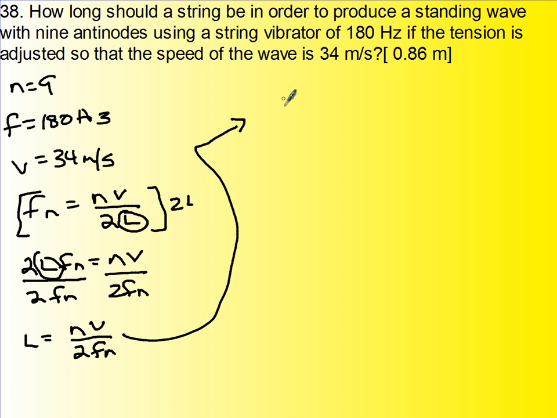All right. So the length is n, which is 9, times the speed, 34 meters per second, divided by 2 times the frequency, 180 hertz.